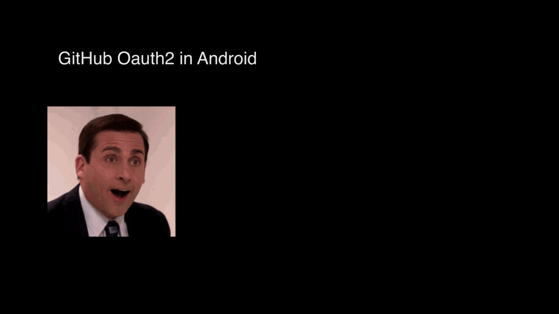And with that, you have a simple implementation of OAuth2 in your Android application. The link to the repository with the code for this tutorial is in the description below.